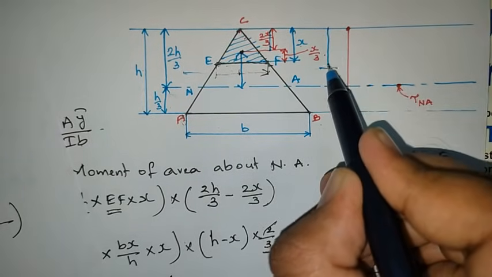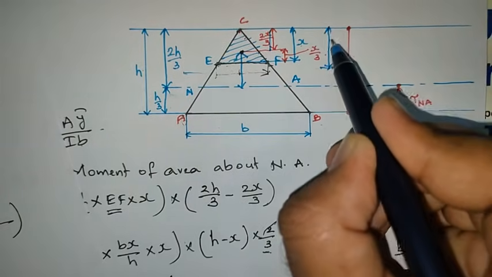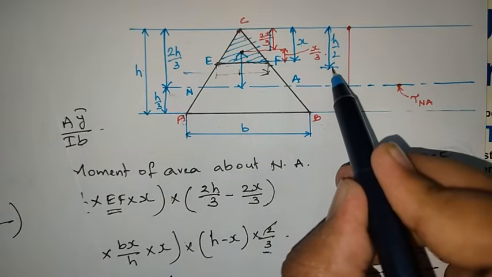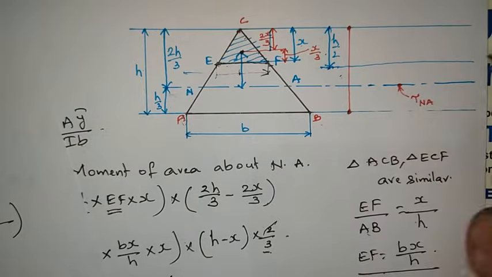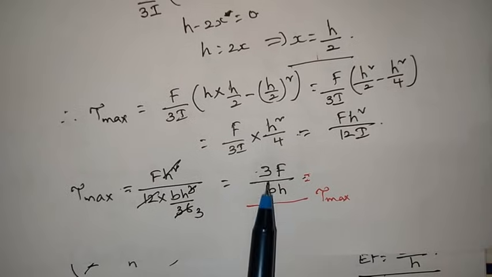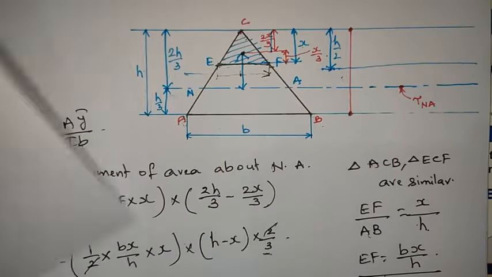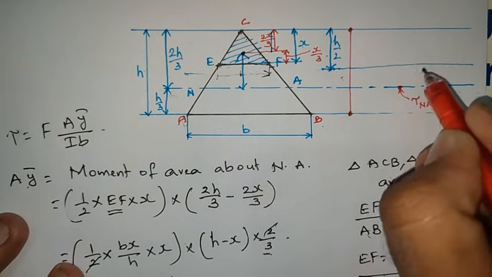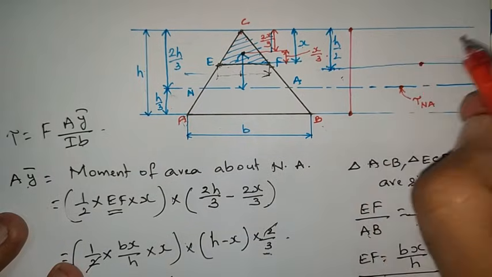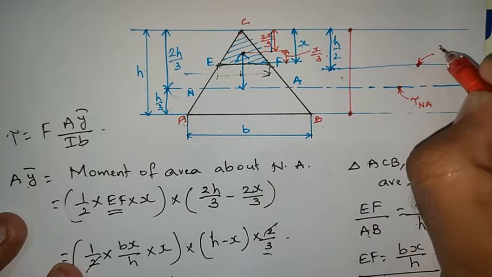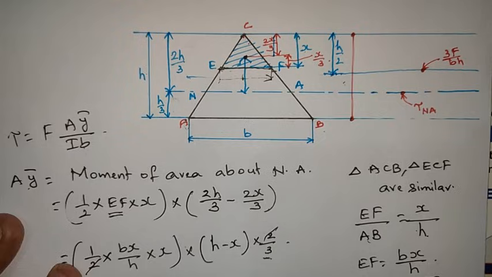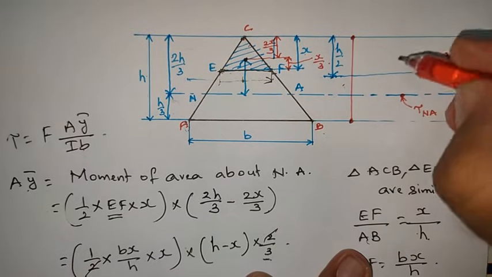So at this portion is h by 2. Okay, so now I require the shear stress at this portion. So that is equal to 3F by bh. It is the maximum value, so greater than this point, so here it is 3F by bh.